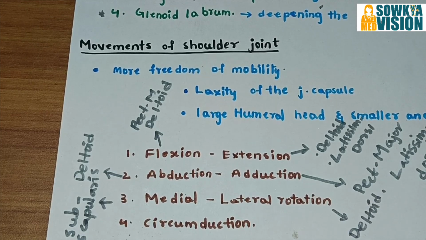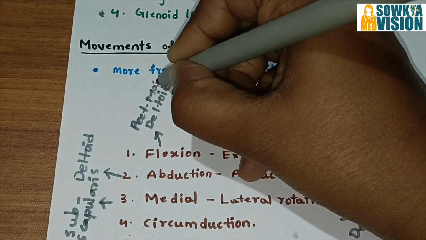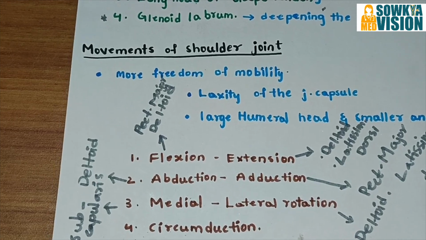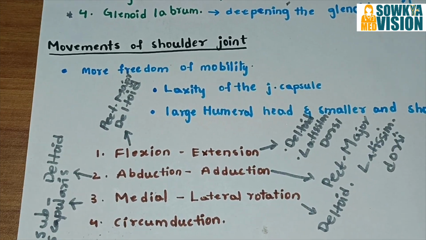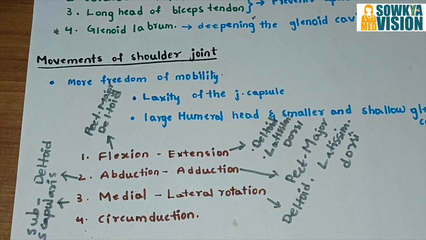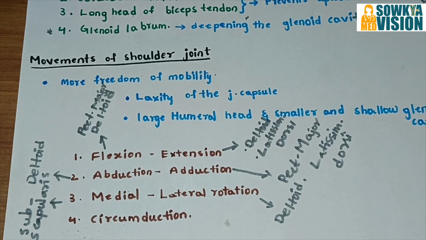So, the muscles involved in the flexion are pectoralis major and deltoid muscle. The muscles involved in the extension are deltoid and latissimus dorsi. Muscles involved in the abduction, deltoid muscle. Muscles involved in the adduction, pectoralis major and once again latissimus dorsi.